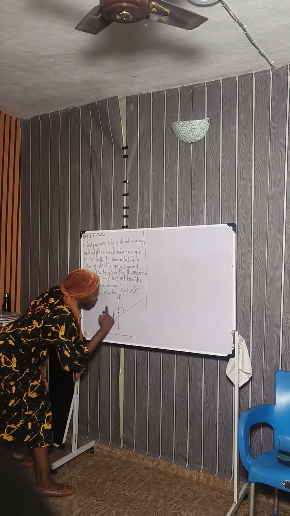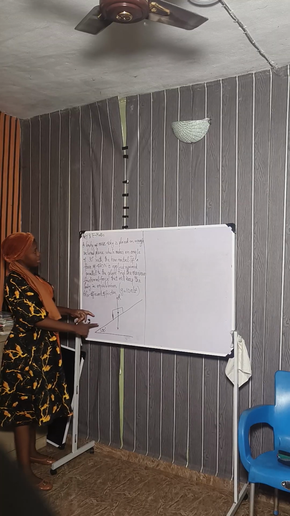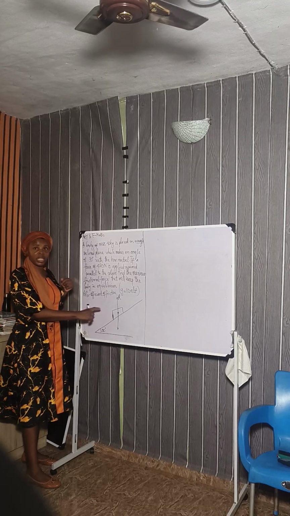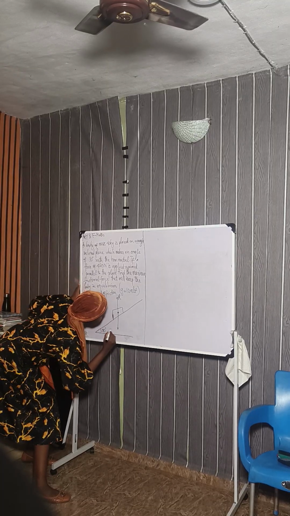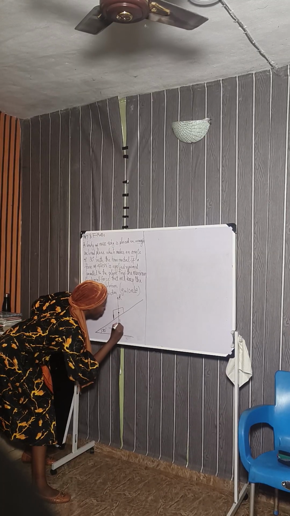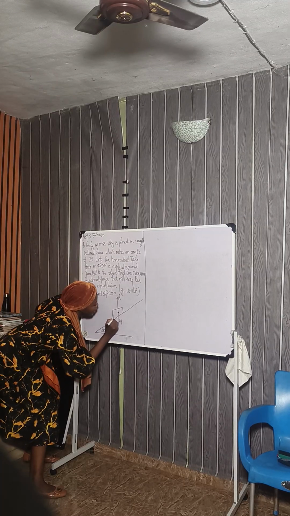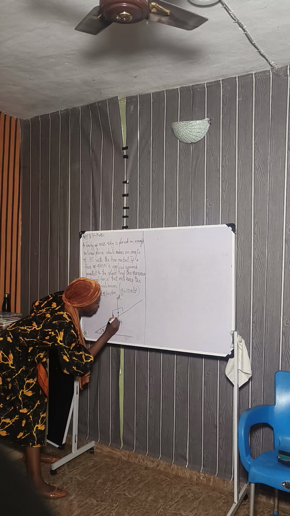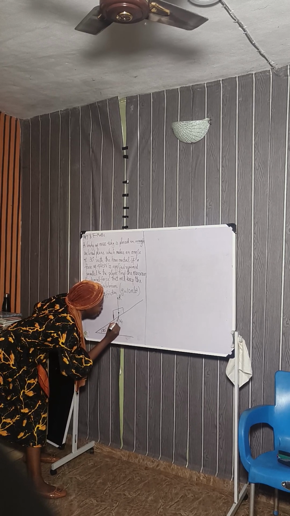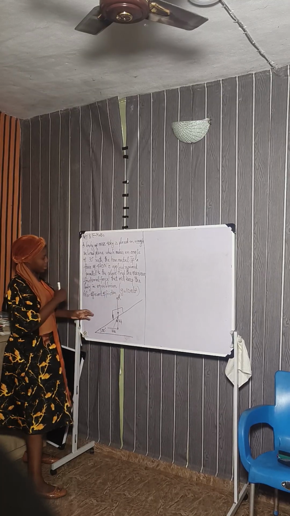Because this is on an inclined plane at an angle of 30 degrees, we need to resolve this force vertically and horizontally. Here is that 30 degrees. So you can see that we have done this.